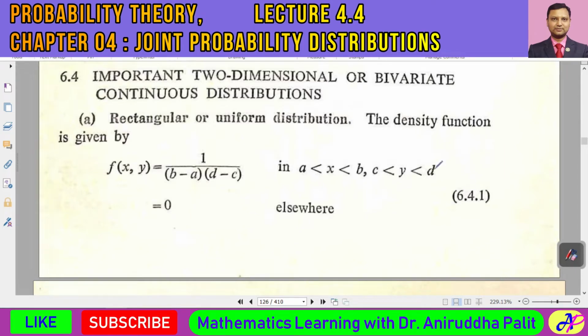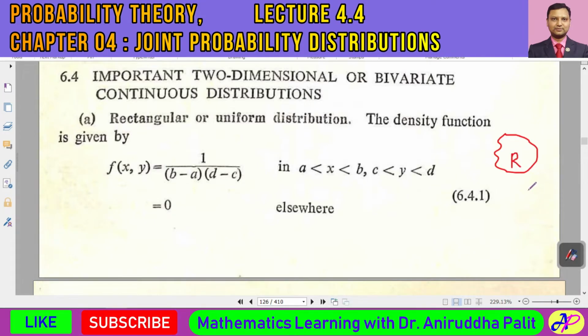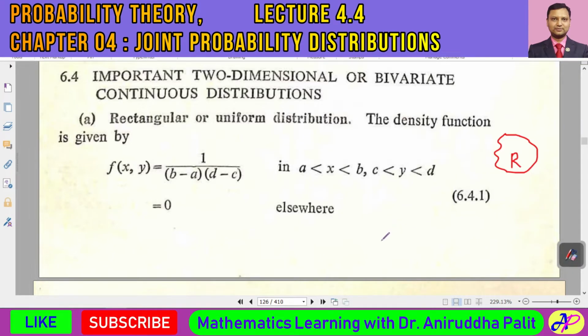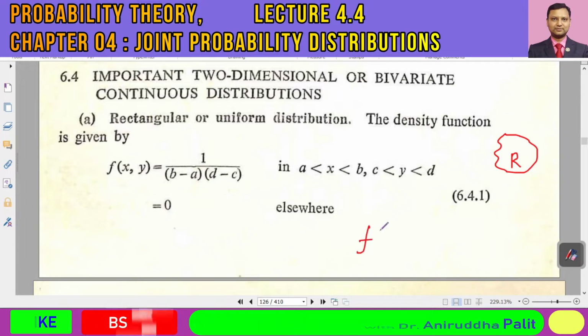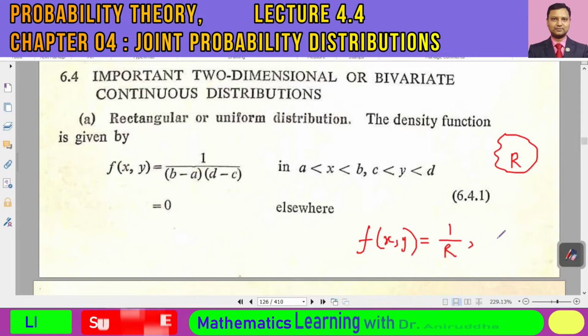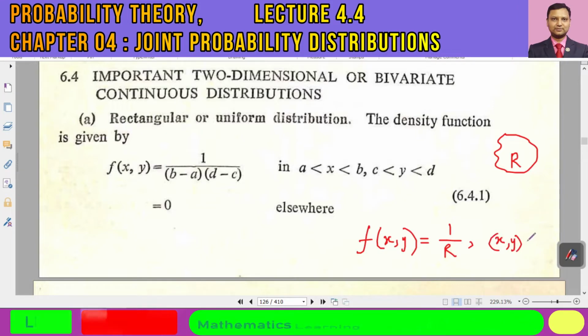And sometimes, in general, we consider a region on any arbitrary set. Maybe this is a set having area equal to R, and in that case the density function can be defined in this way: f of x comma y is equal to 1 by R whenever the point x comma y belongs to this set.